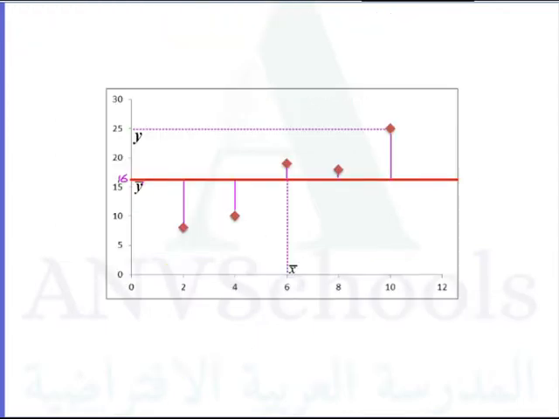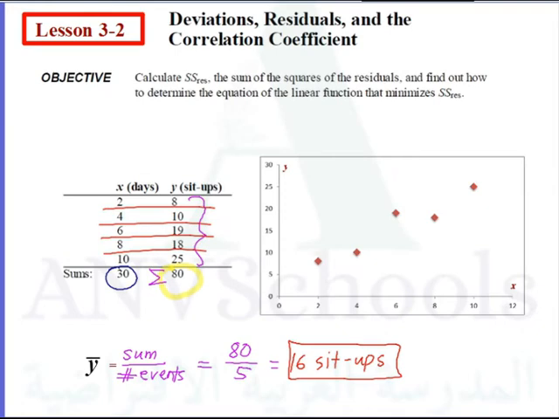And as you can see, if you get the values of y from the mean, so for the first point and for the first y value, our y value here is 8, right?